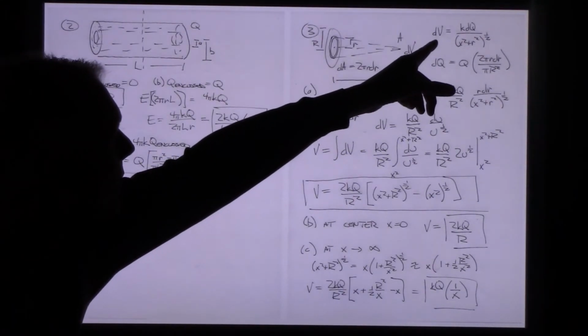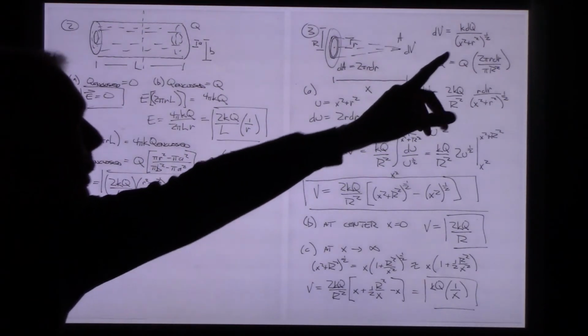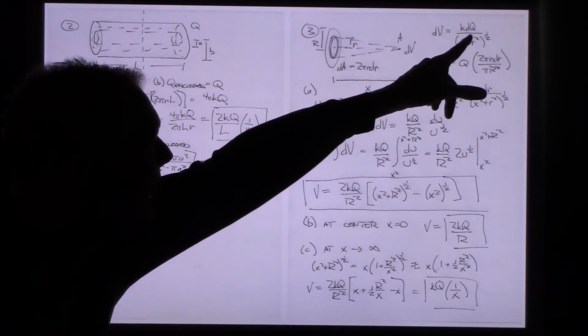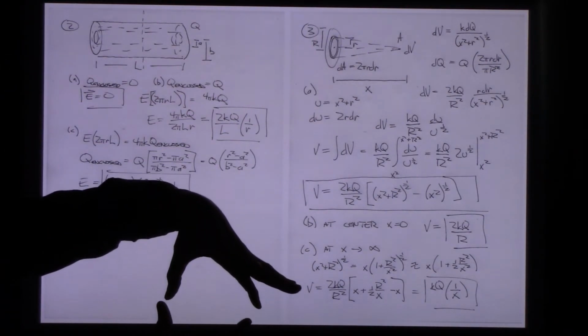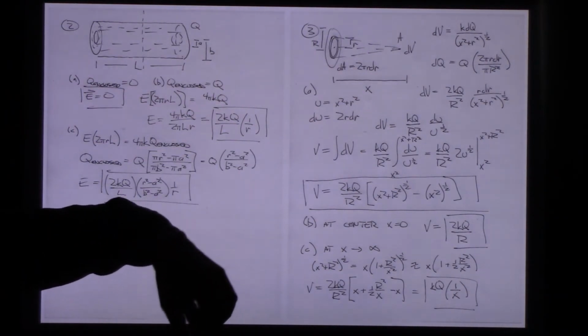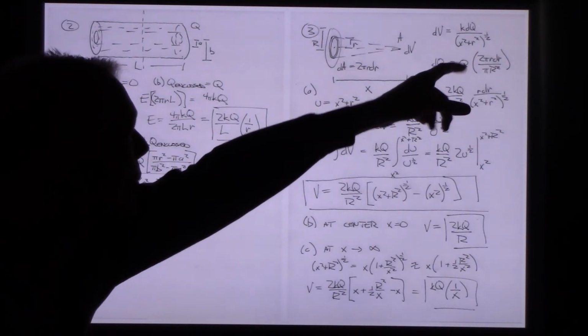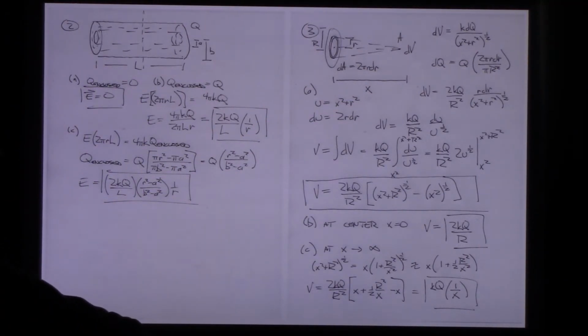Now dV, a little bit of potential, is going to be created by the little bit of charge in each one of those circular loops. So k dq over the distance, which is x squared plus r squared to the 1/2.